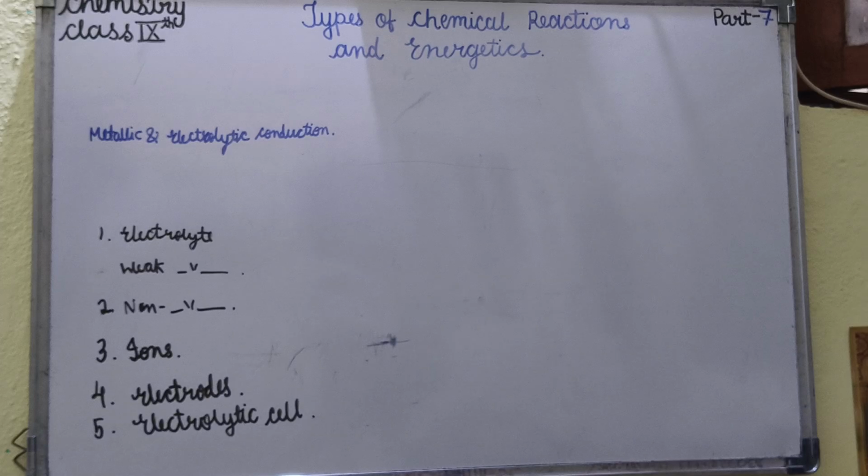Next topic is Arrhenius theory of electrolytic dissociation or ionic theory, mechanism of electrolysis, then dissociation of electrolytes, examples of electrolysis of some electrolytes: electrolysis of molten NaCl, electrolysis of lead bromide.